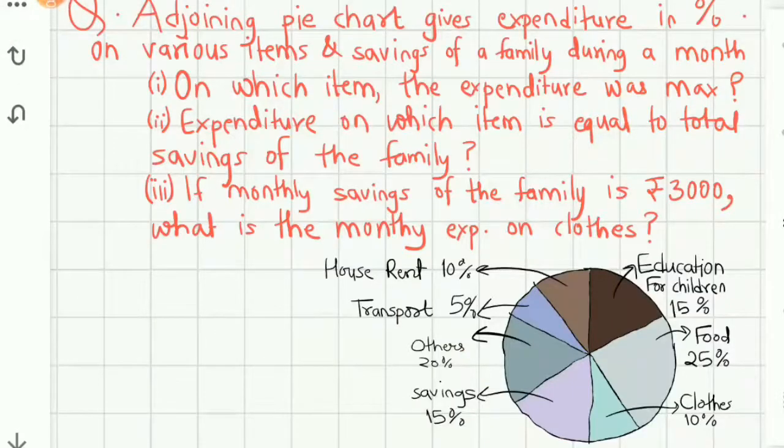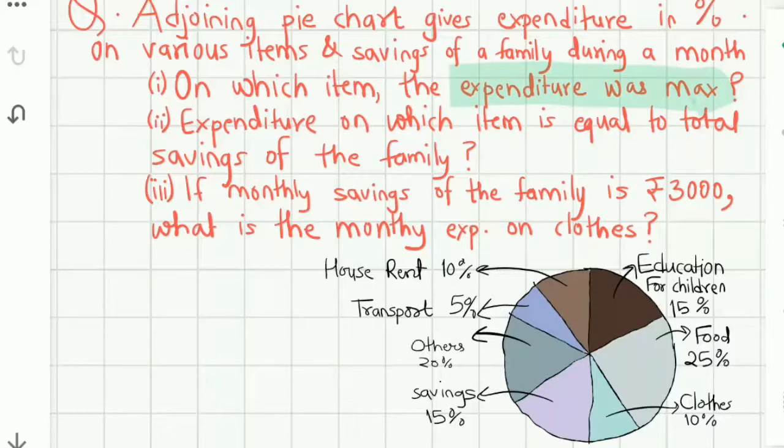So this is our question here. This pie chart shows expenditure in percentage on various items and savings of a family during 1 month. What we have to do is, on which item the expenditure was maximum, ये find करना है.